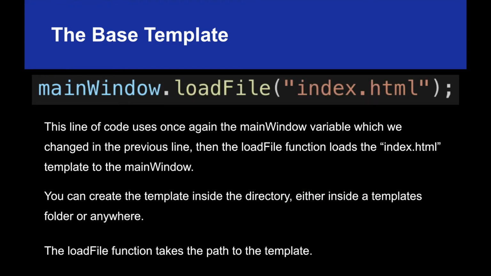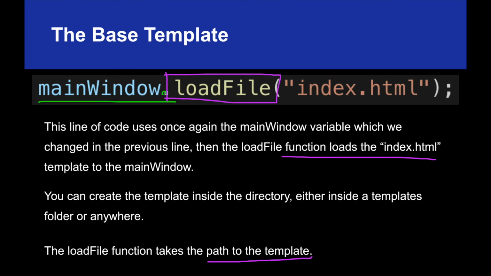Now main window dot load file. So once again, we're taking the main window variable, and this time attaching a method of load file to it. So what does that mean? Basically, load file is a function that loads the index.html, right? The load file function takes a path to the template.